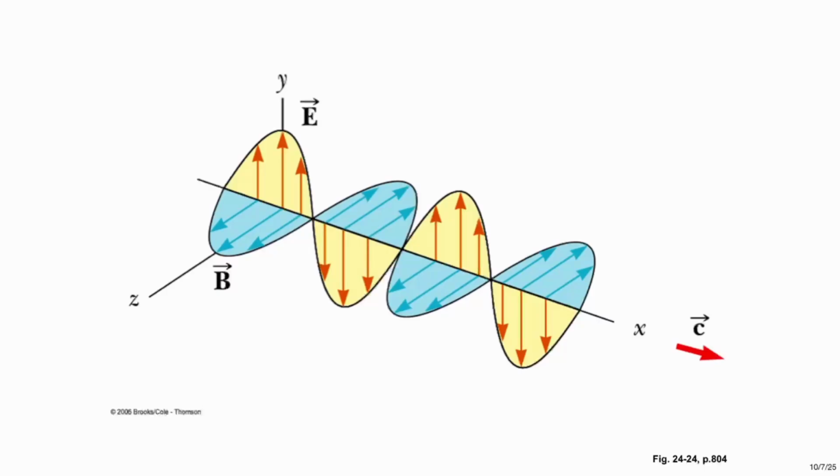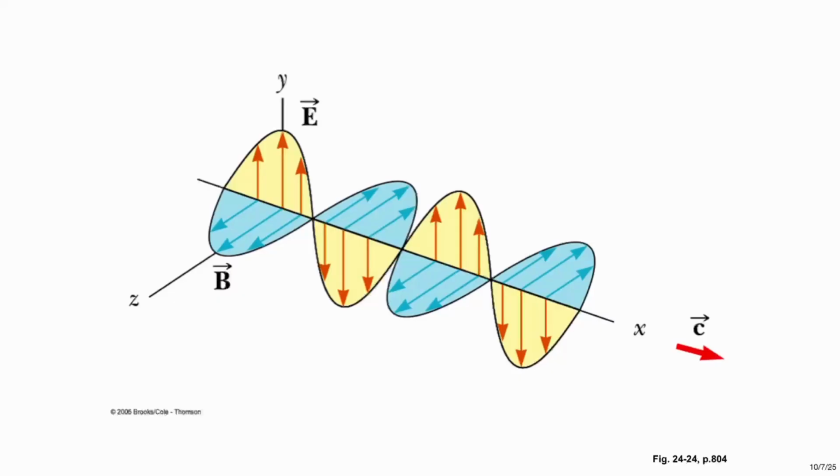Now, this is supposed to be a 3D image. It starts with the yellow, goes up and then down and then up and then down, and then at 90 degrees to it, sort of coming out and then into the screen, is supposed to be this magnetic field. So this is how we model light when it comes to Maxwell's equations, the electromagnetic wave that Maxwell discovered.